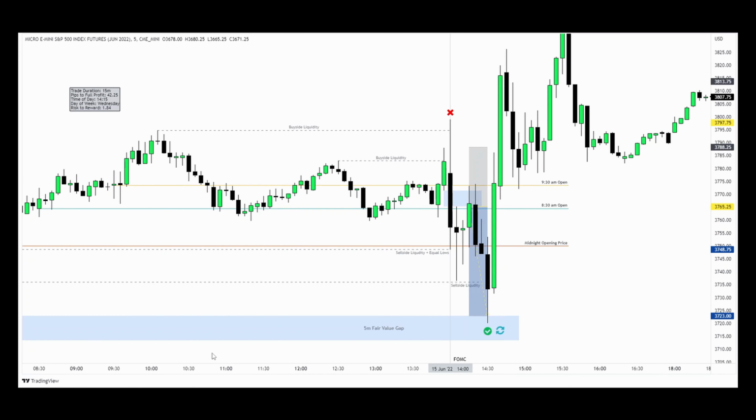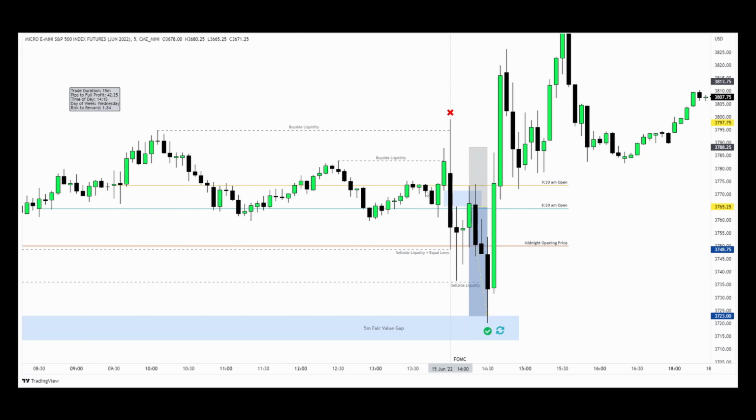Okay, it's the middle of the week and it's Wednesday. Again, we are on a 5-minute chart for the micro E-mini S&P 500, and during FOMC there's a lot of engineered liquidity.